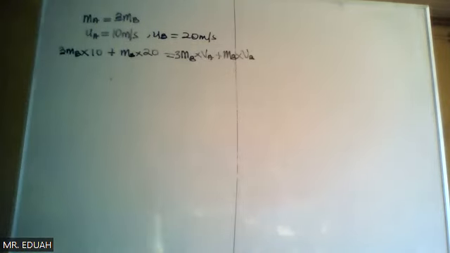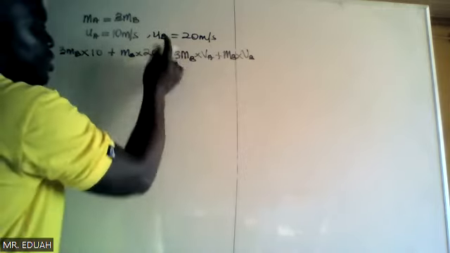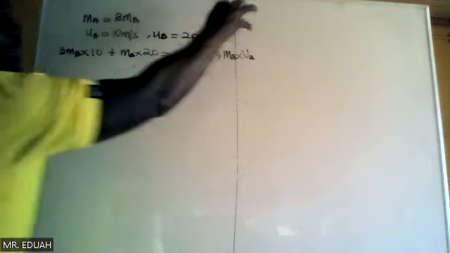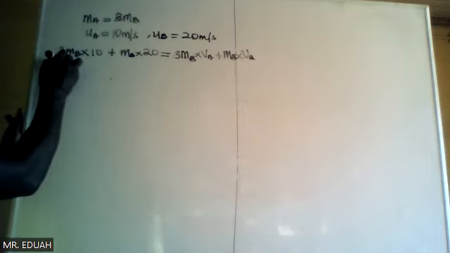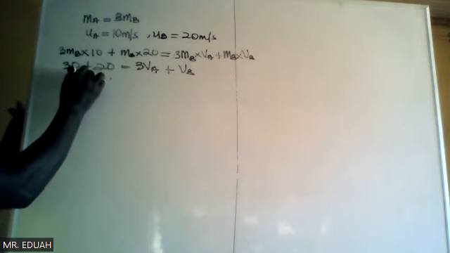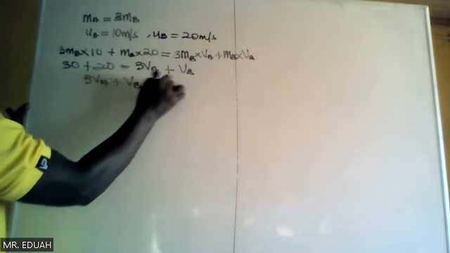With the coefficient of restitution method, you are always either using conservation of momentum or conservation of kinetic energy, so you are free to use one of them. I am choosing conservation of momentum because that will give me a linear equation. So 30 plus 20 is equal to 3VA plus VB. I will choose this. So I have 3VA plus VB equals 50.